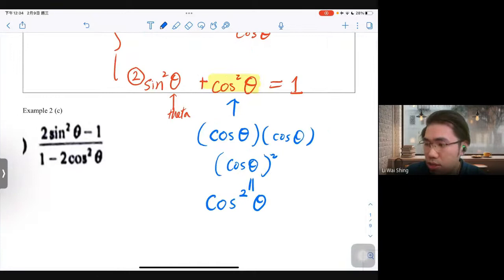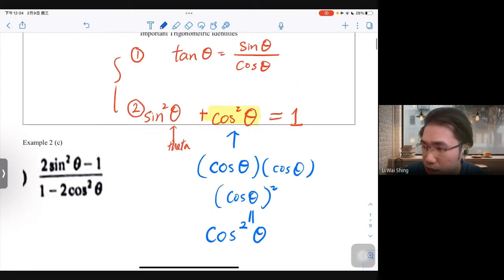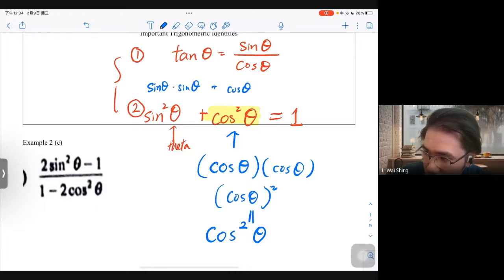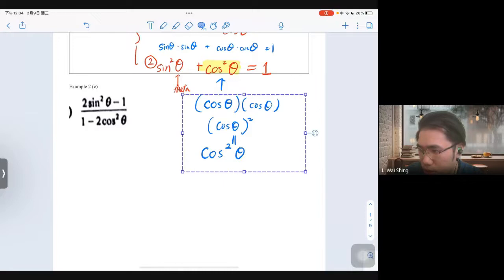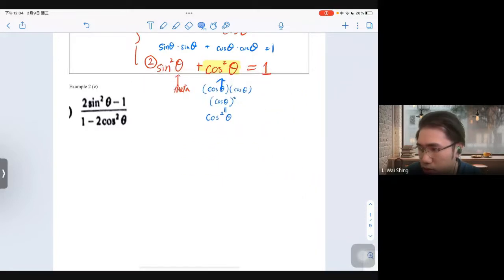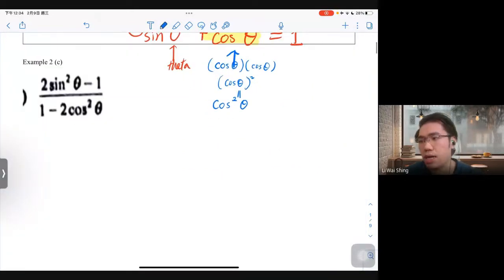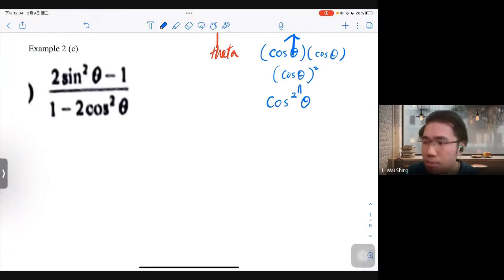All right? So that means this identity means sine theta times sine theta plus cosine theta times cosine theta equals to 1. Okay? So several of you can't finish the question that I've posed on the Google Classroom. Let's finish it today.